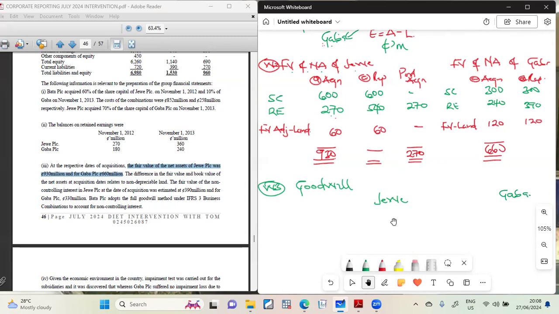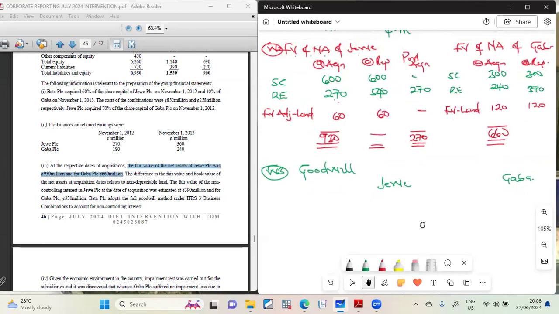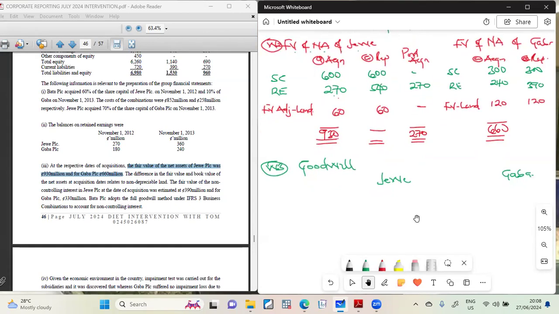Because people don't even do this post-acquisition here. And I've even seen some solutions where they've added OCI after the post-acquisition. Well, I don't know the one that you are talking about, but OCI is not a P&L item.